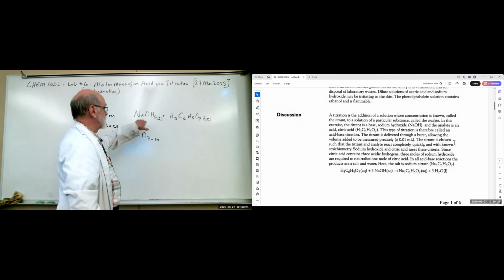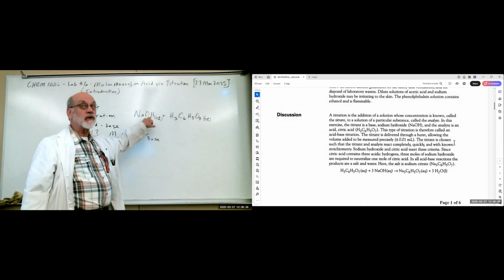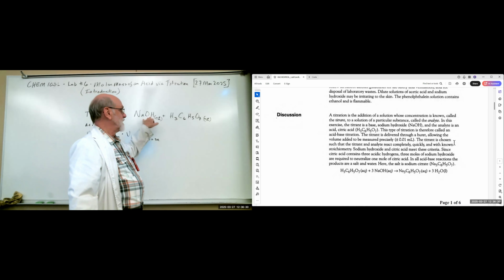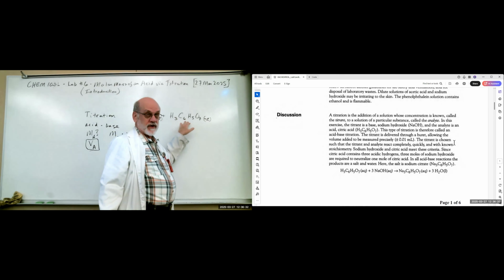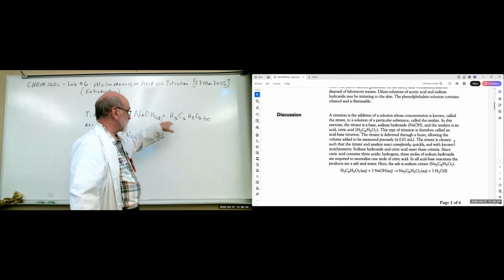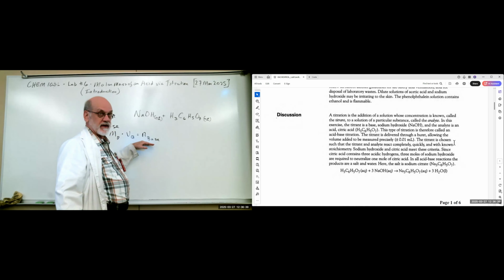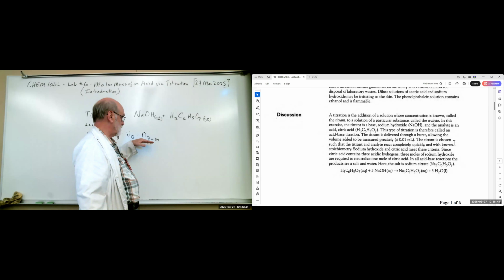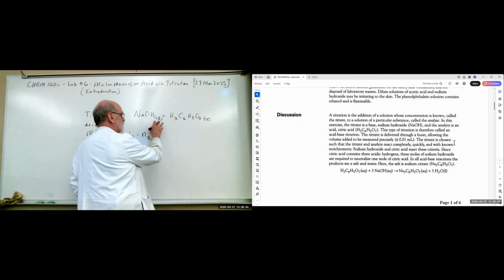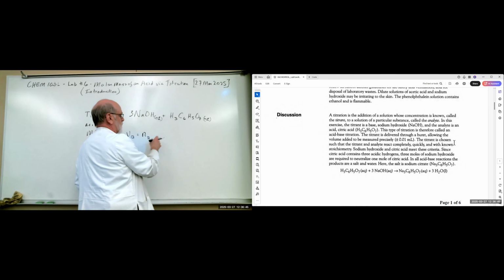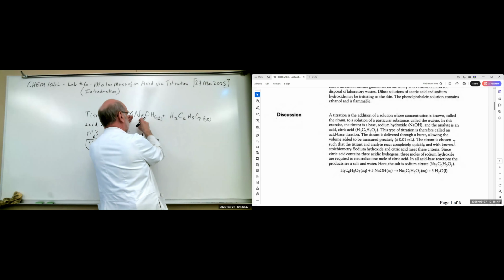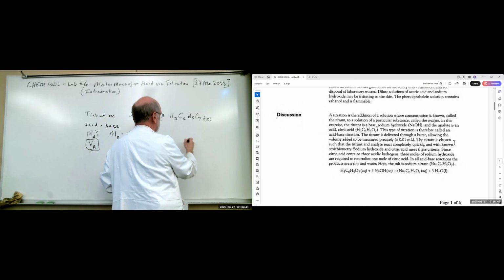So you'll notice that sodium hydroxide can only deliver 1 hydroxyl. The acid can deliver 3 hydrogens. So it's going to take 3 times as much sodium hydroxide on the molar scale, the number of moles, to neutralize or accommodate those 3. So we need 3 of these to accommodate 1 of those.